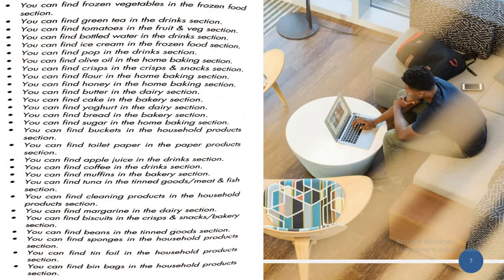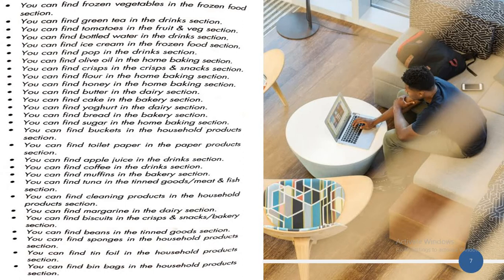You can find ice cream in the frozen food section. You can find pop in the drinks section. You can find olive oil in the home baking section. You can find crisps in the crisps and snacks section.